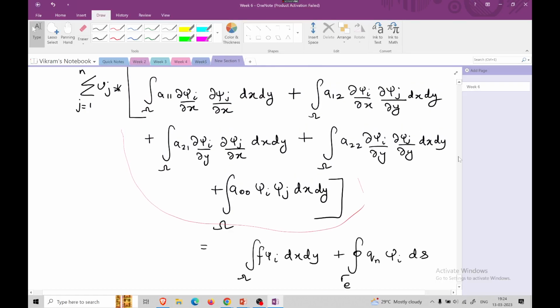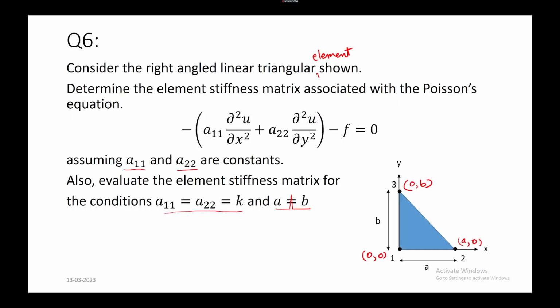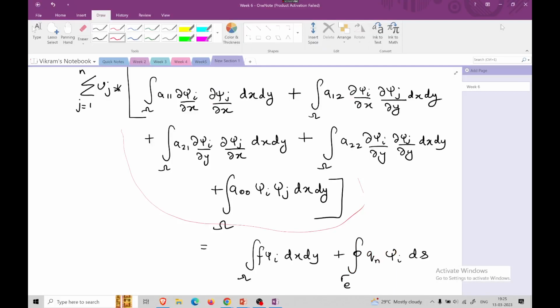So what is my f? So a11, this will be something. So what we can do is we can remove a12, a21 and a00, we can make them 0. So I am going to vanish these terms totally. a21 also I am going to vanish, a12 also I am going to vanish. So simply I am going to keep a11 and a22.